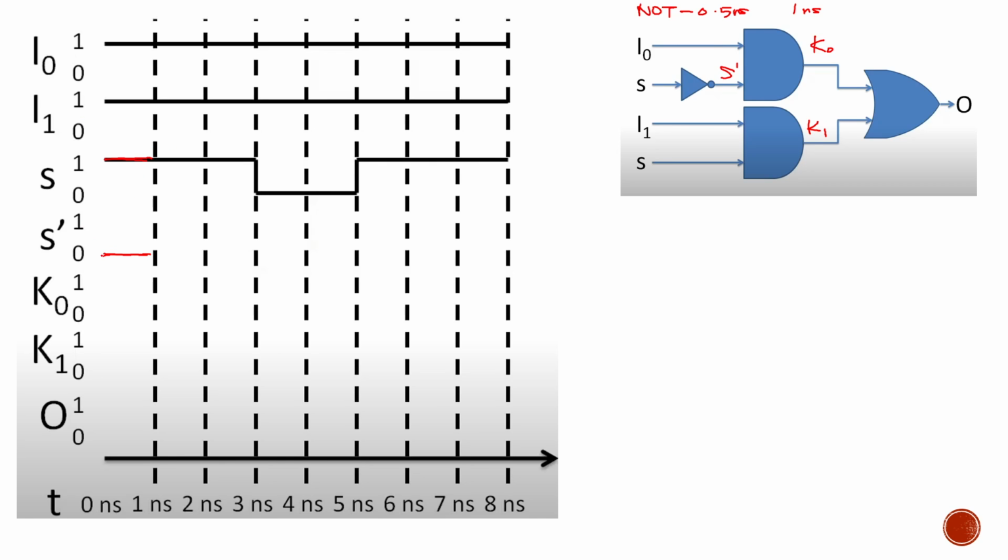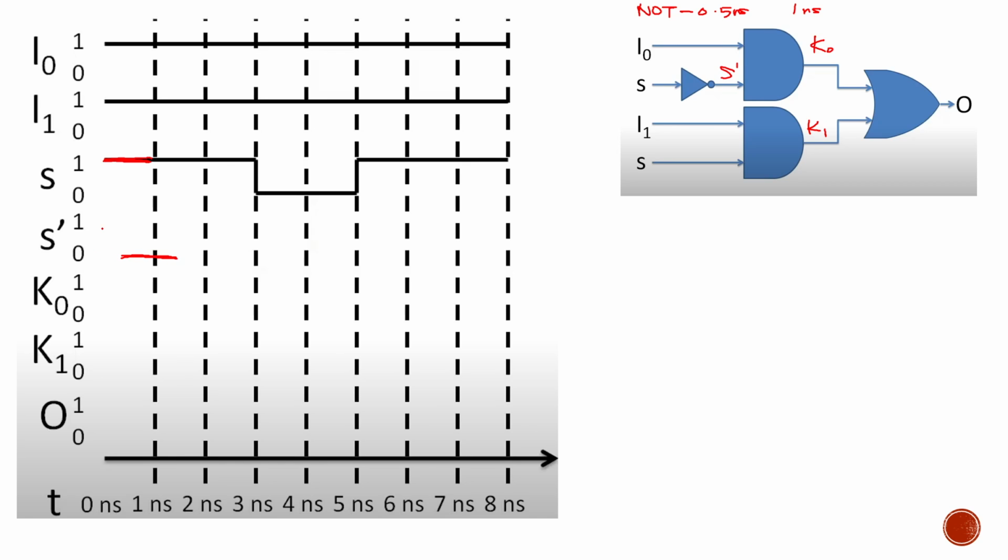You're not going to draw this starting from here, because a propagation delay of 0.5 nanoseconds means that this NOT gate takes 0.5 nanoseconds to process whatever input it is given. So 1 over here is going to become 0, but only after a delay of 0.5 nanoseconds.